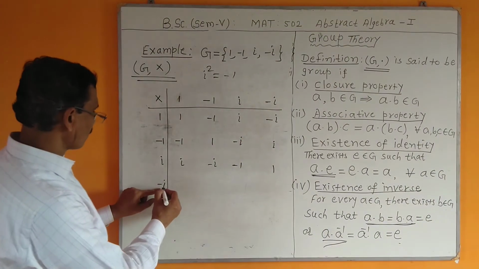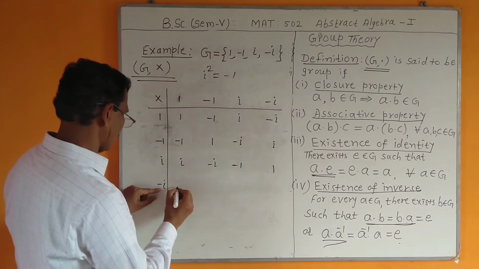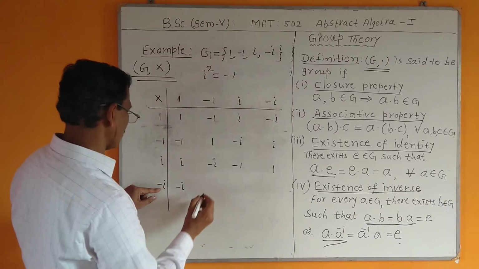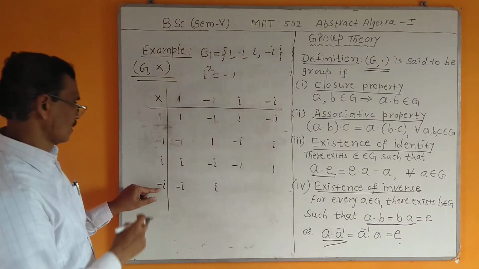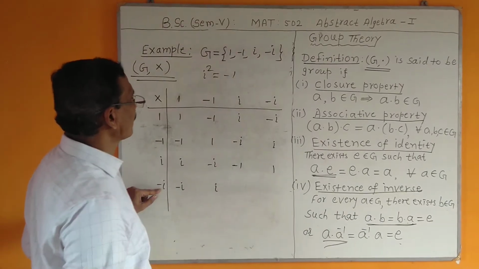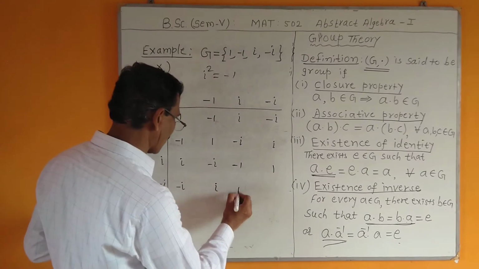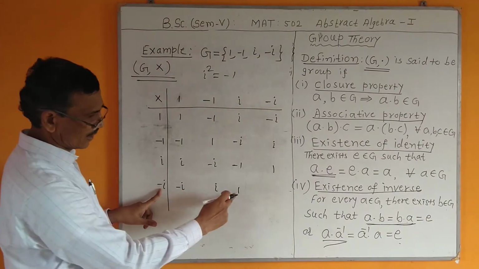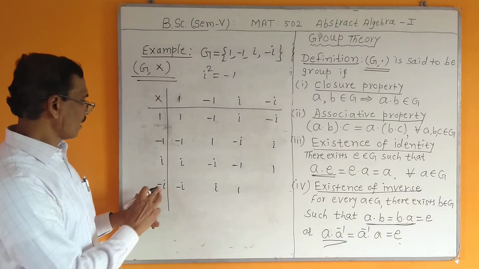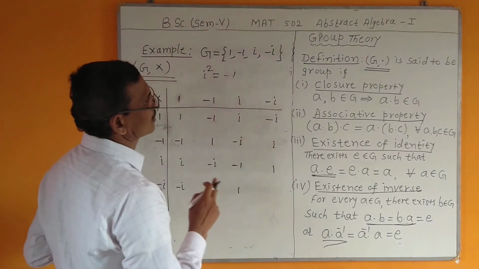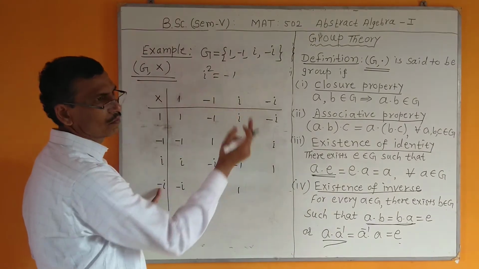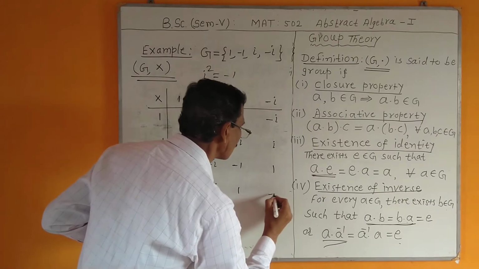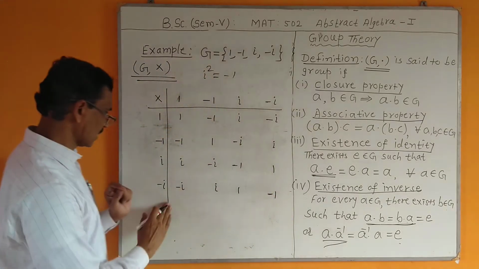And last row, minus i into 1 is minus i, minus i into minus 1 is plus i, minus i into i is plus 1, because i into i is i square, which is minus 1, and this minus 1 will become plus 1. Now minus i into minus i: this minus times minus gives plus i square, and i square is minus 1. Now this is a composition table.